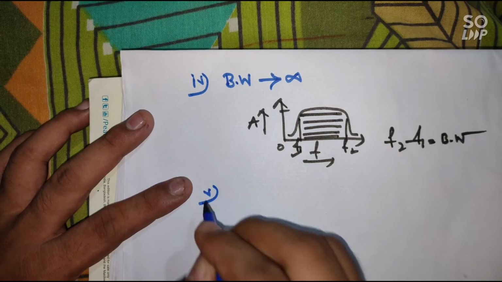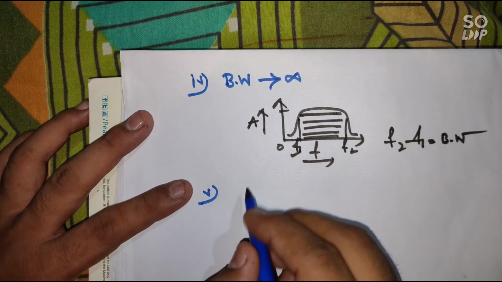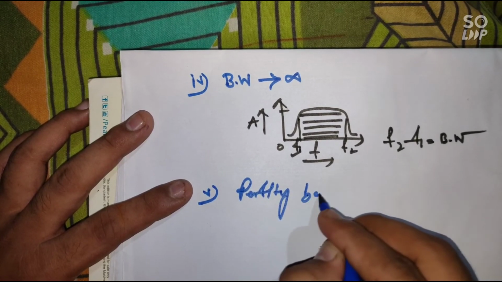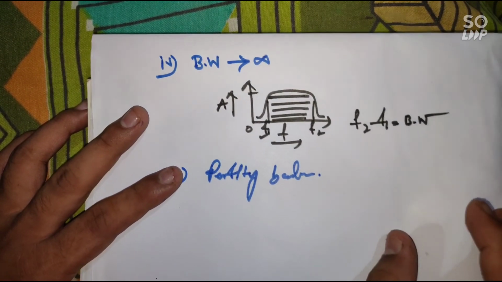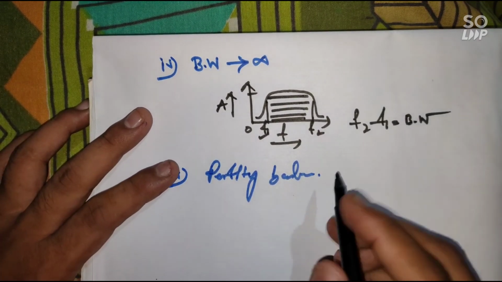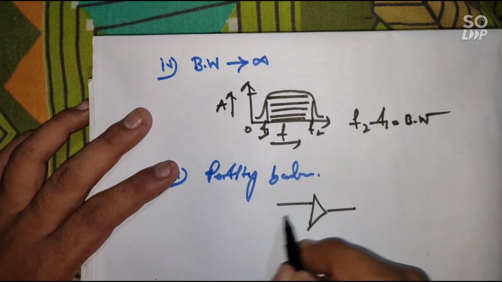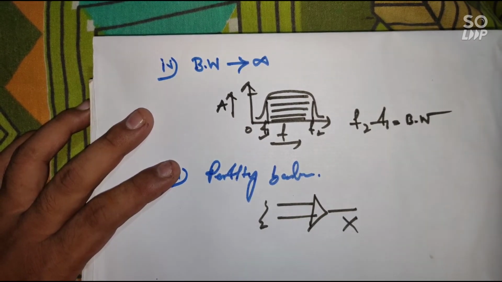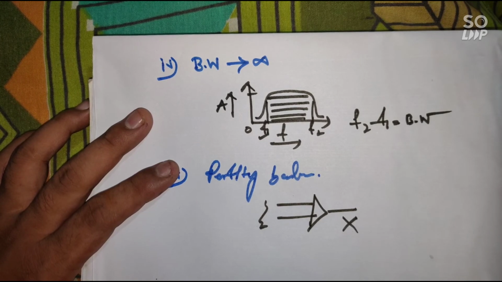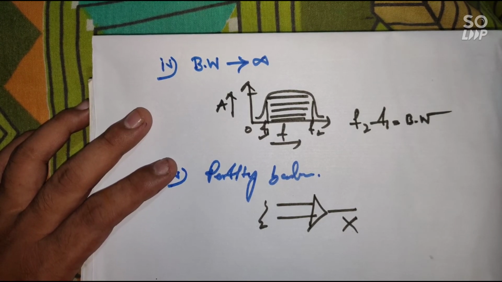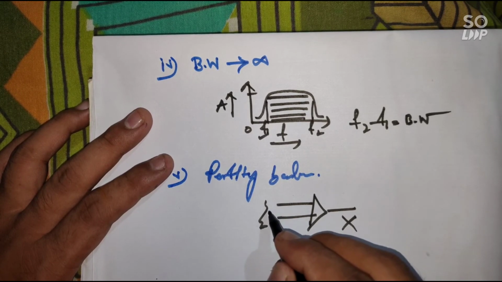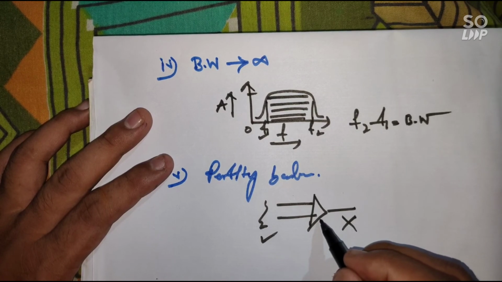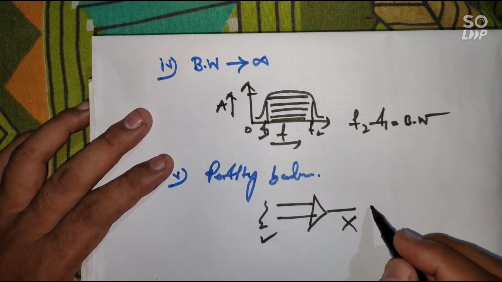Next, point number 5: the op-amp should be perfectly balanced. Perfectly balanced means that when no input is applied to the op-amp, there must be no output voltage. But in practice, if we do not apply any input voltage to the op-amp, due to internal mismatch of the circuit inside the op-amp, we get a voltage.